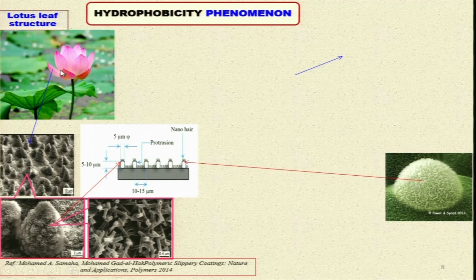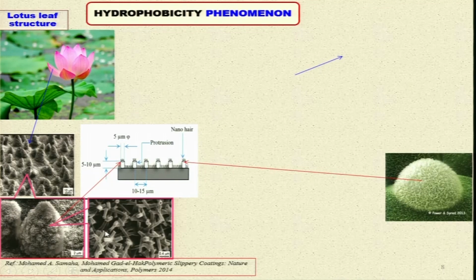Now, if you magnify this leaf, you will find this kind of structure where thousands of micro pillars are there. These are the micro pillars on this particular leaf, an actual real life leaf. Now, if you further magnify this particular micro pillar, you will find certain hairs, and these hairs are nanometer in dimensions.